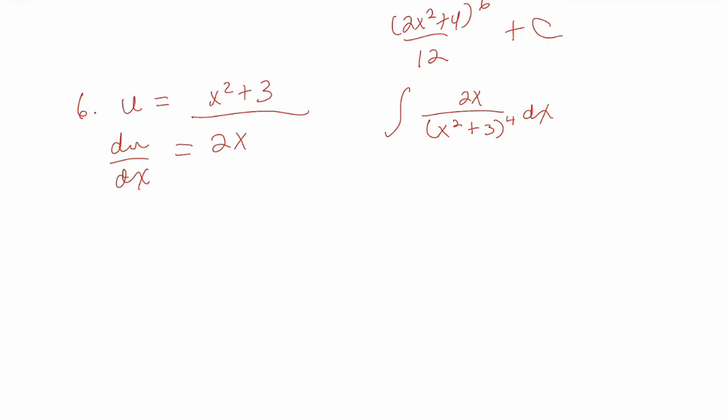Now let's go back in our problem. This is ready to go. That's u. We need a 2x dx to substitute in. So the 2x is actually perfect, but let's put the dx over with it. So then that tells us that du is going to come into the problem where 2x dx was sitting.